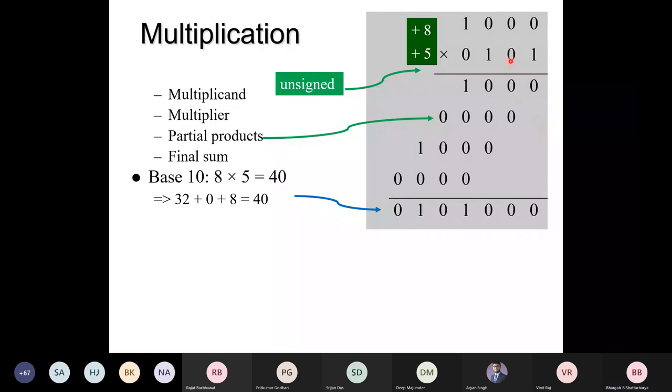Is it so? And the next one, you just consider the next bit and the same bit by bit AND, right? Just shifting one place. So all you need is an array of AND gates to generate this bit by bit AND product, right?